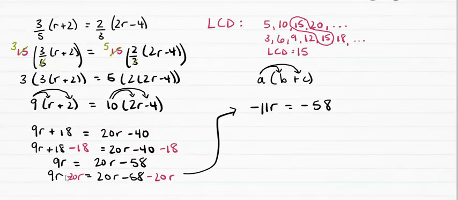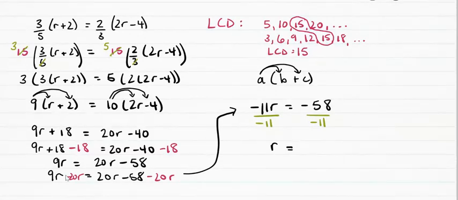And now in order to get r by itself, or to isolate r, we divide both sides of this equation by negative 11. That leaves us with r on the left, because negative 11 divided by negative 11 is 1. So that leaves us with 1r is equal to negative 58 over negative 11.